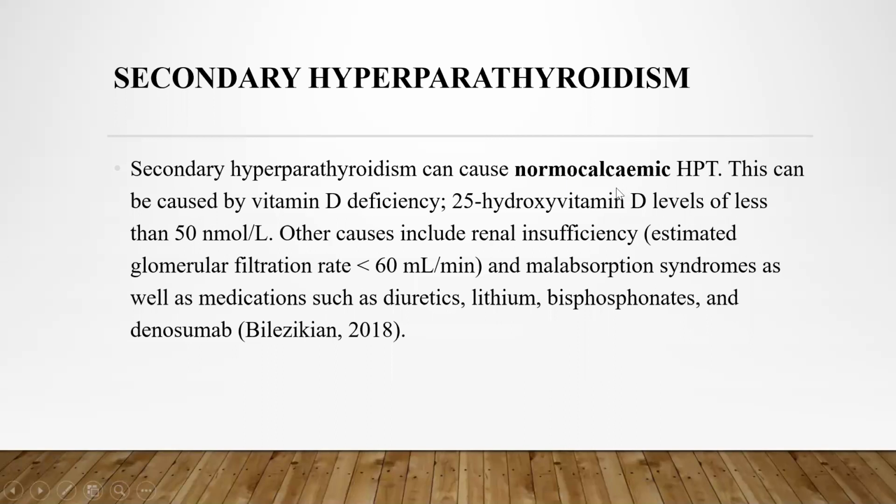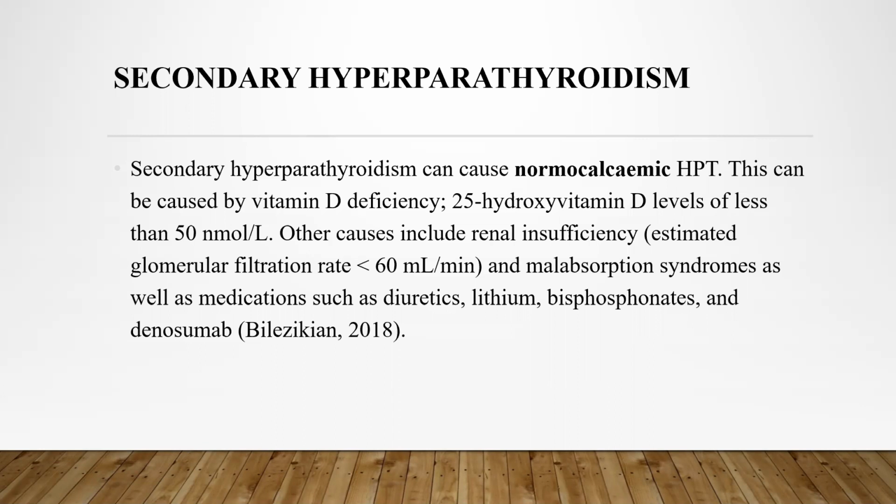And what is the blood picture in secondary hyperparathyroidism? As I said, they have low vitamin D or a problem in their kidney or medication that reduces the calcium. So normally those people have very low calcium, and the parathyroid gland works very hard to increase the parathyroid hormone to compensate for the hypocalcemia.